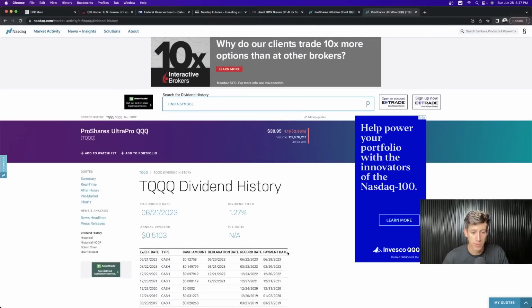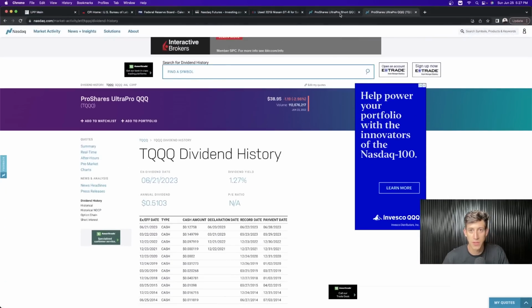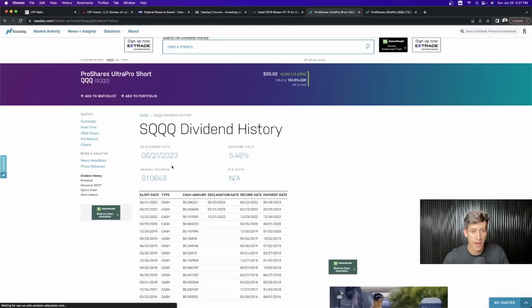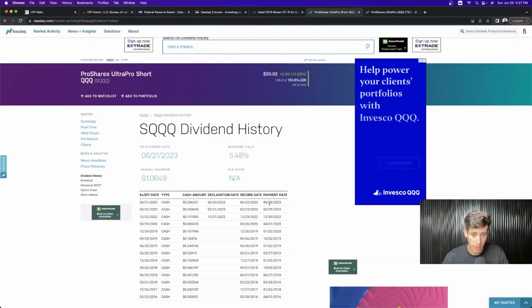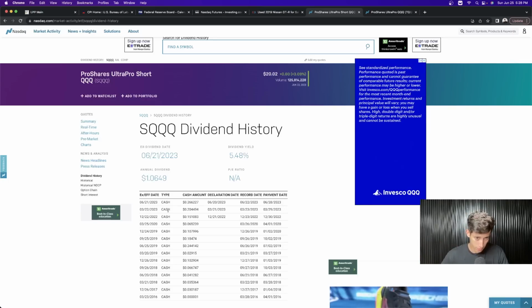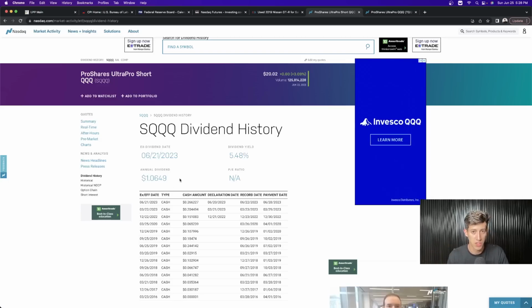Well, again, it's very simple to understand. For SQQQ, you guys can see here that SQQQ had a dividend payout that is going to be on the 28th of June. But you could see that this was actually effective on the 21st of June. So from the 20th to the 21st, if you held any of those shares, SQQQ showed to be in the green based off of percentage growth.